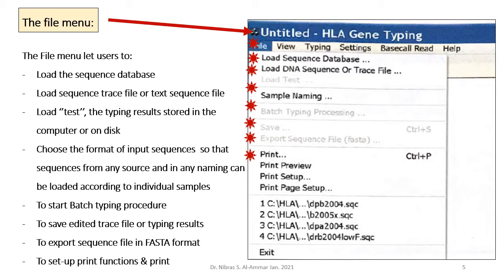Also, it allows users to start the batch typing procedure, save an edited trace file or typing result, export a sequence file in FASTA format, and set up print functions and print.